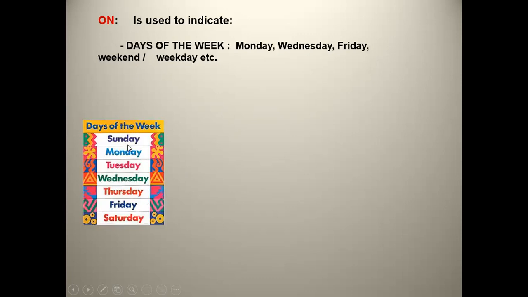On Sunday, on Monday, on Wednesday, on Friday, or we can say on the weekend, Sunday and Saturday, on the weekend, or on weekdays, Monday to Friday. On the weekend, Sunday and Saturday, or on weekdays, Monday, Tuesday, Wednesday, Thursday, and Friday. Okay?